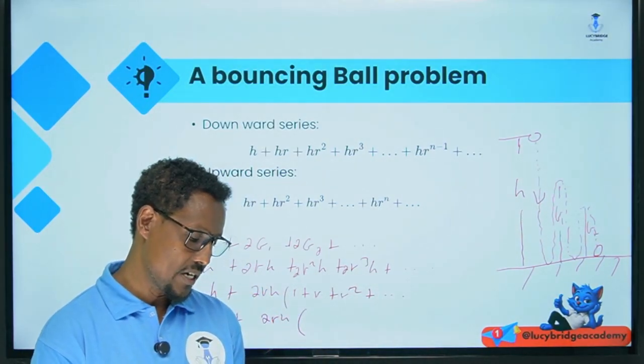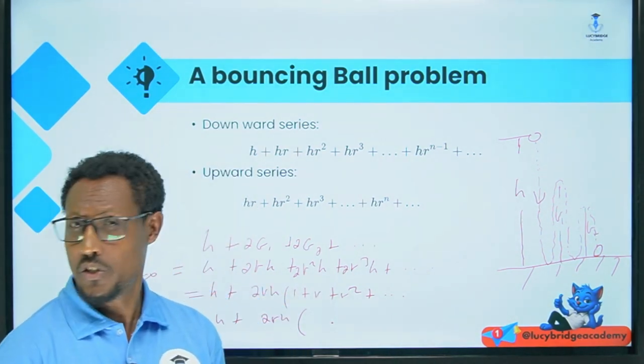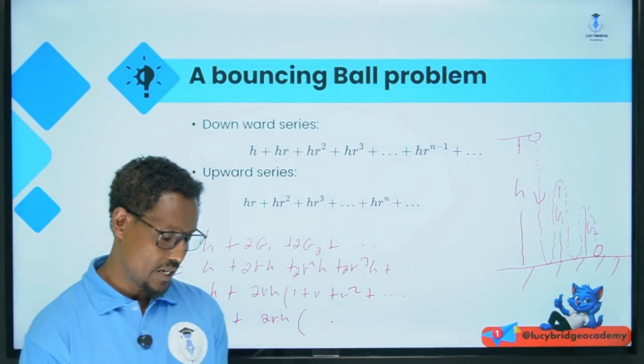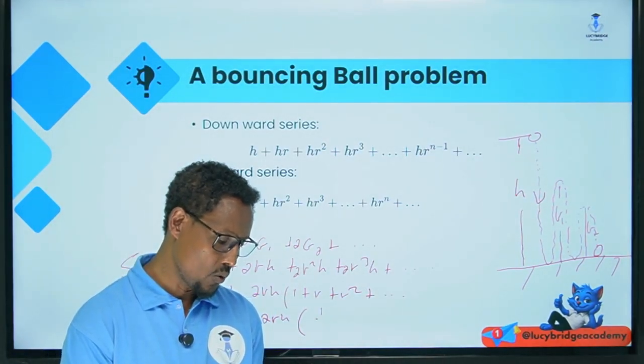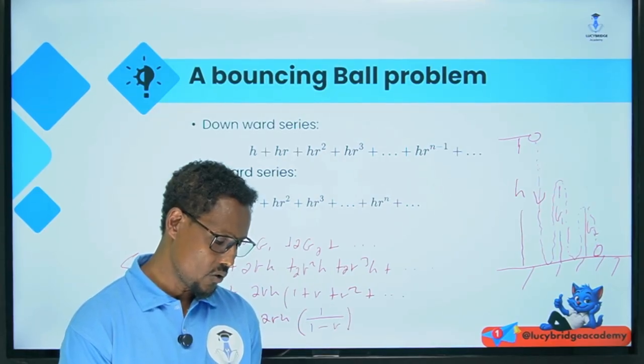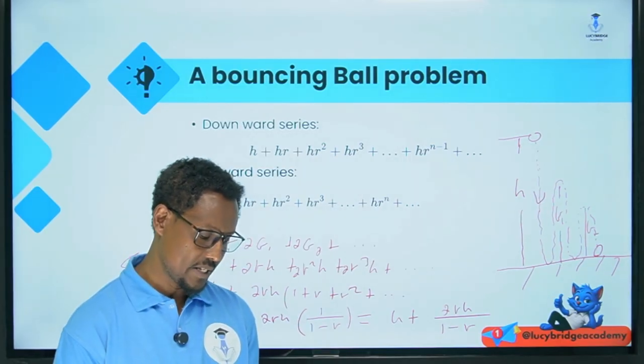So using the sum of an infinite geometric series, which is 1 over 1 minus common ratio r, it equals h plus 2rh over 1 minus r, okay?